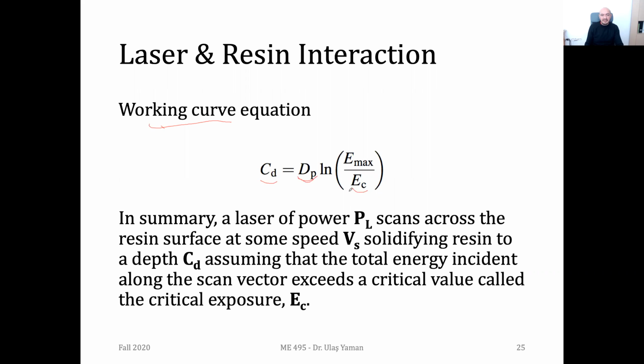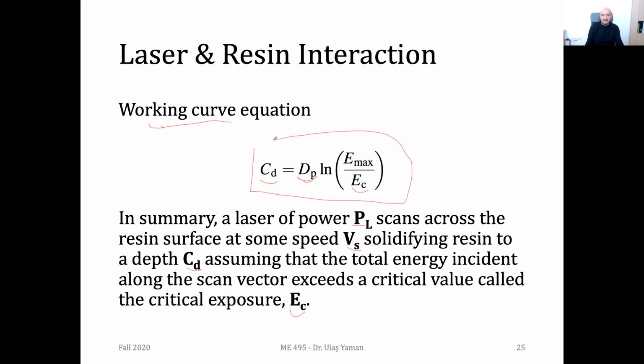In summary, if you have a power of PL scanning your slice at a speed Vs, and this has a curing depth of CD, then we will have a critical exposure value EC. This is a relation between all these parameters.